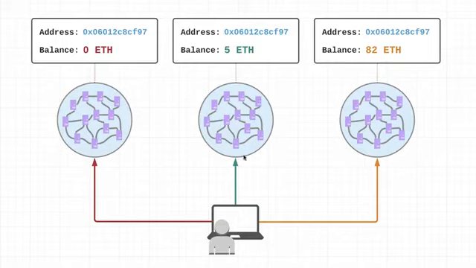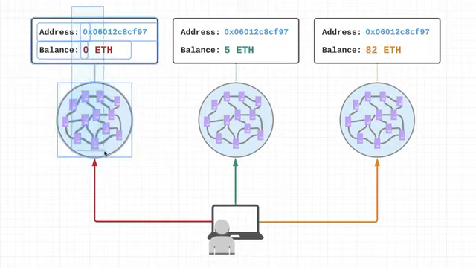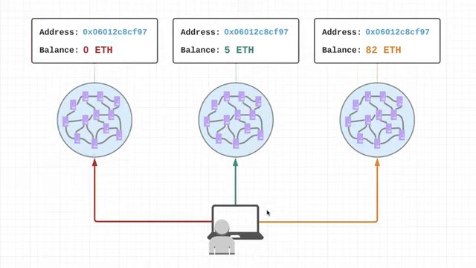Check this out. Whenever you have an Ethereum account, it's basically just a record on that network. The record can have different assets depending on which network it's on. For example, let's say this was the main Ethereum network. For my account, I have 0 Ethereum on the main network.